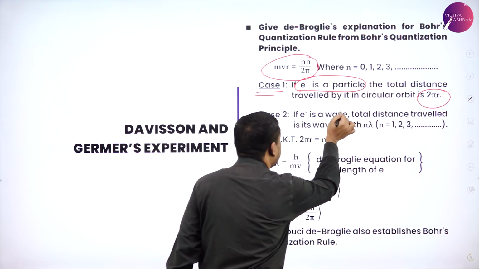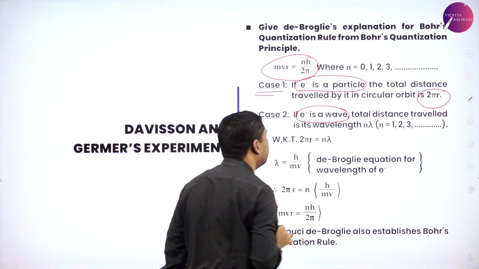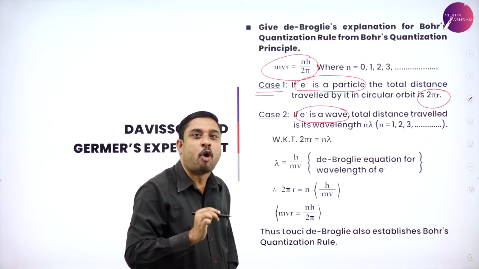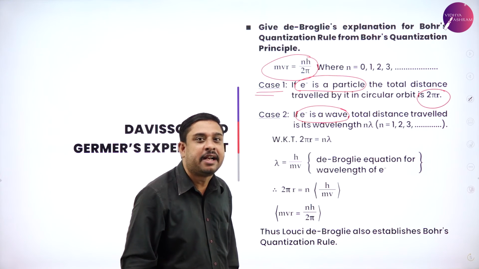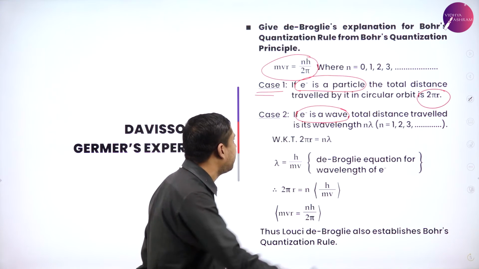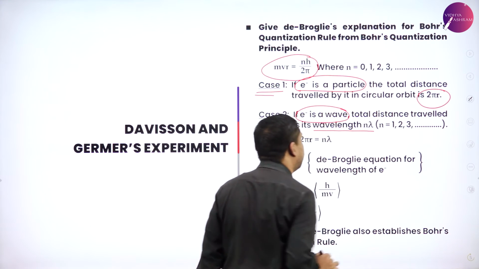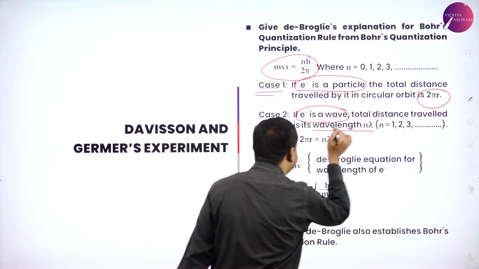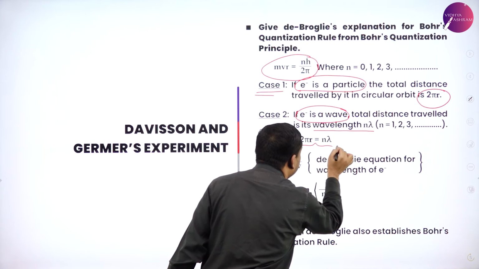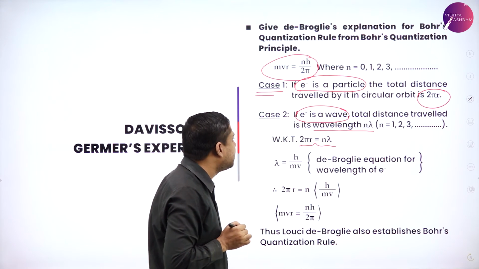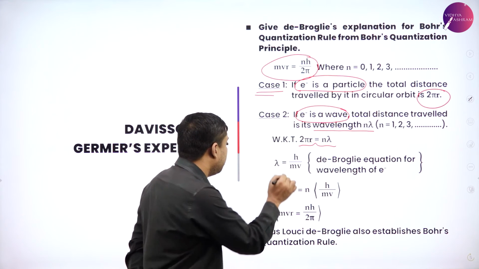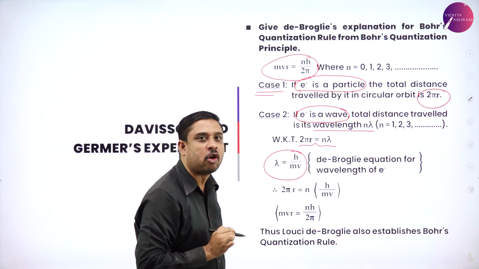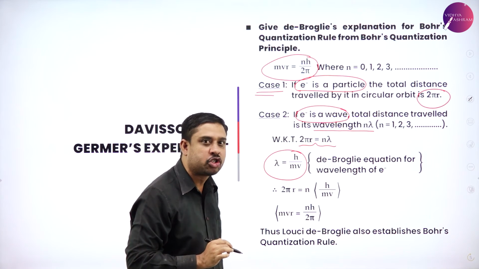Now, if I consider the electron as a wave, then what is the total distance traveled by it? The distance traveled by a wave is nothing but n lambda. So particle distance is 2 pi r, wave distance is n lambda. But what is lambda? h by mv, the de Broglie wavelength of an electron particle in motion.